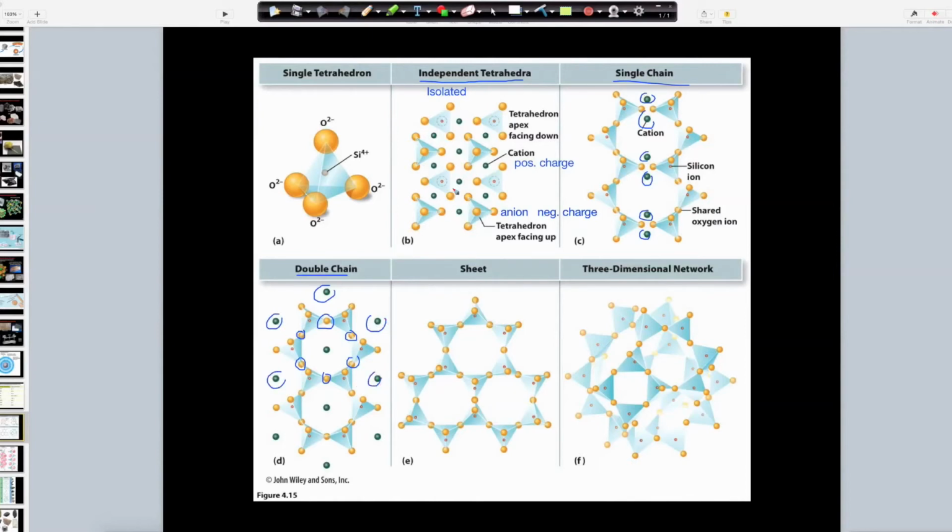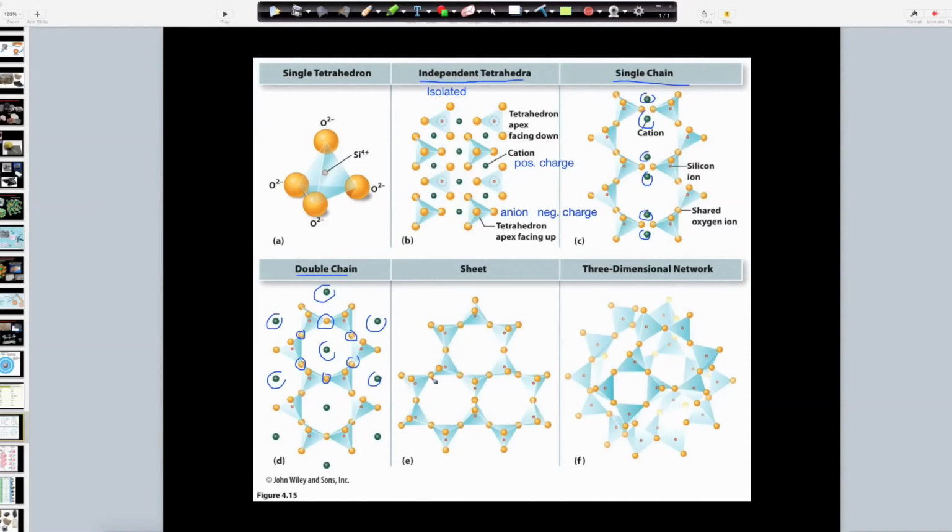Every time you are combining and basically excluding an oxygen, that changes the charge of the anion, which is the silicate tetrahedra chain. In this case, this is the double chain. So it can bond with different elements. Then the next one is the sheet silicate, which basically you're taking double chains and combining them together and making sheets.